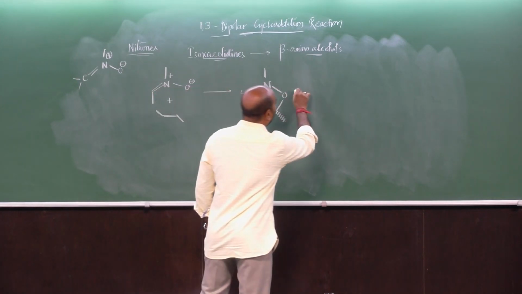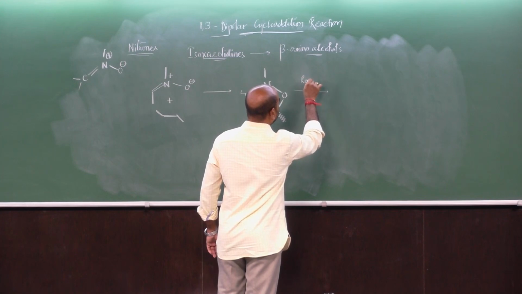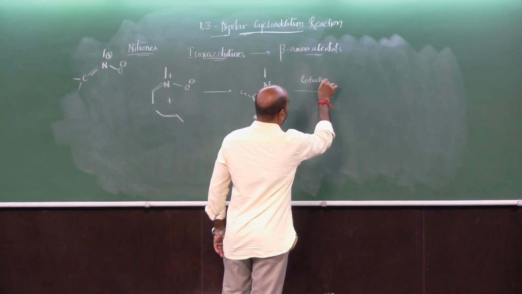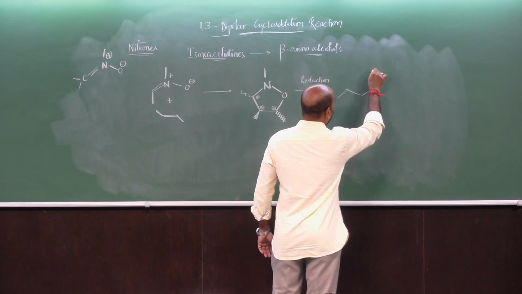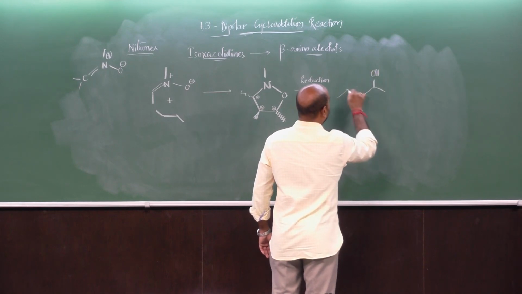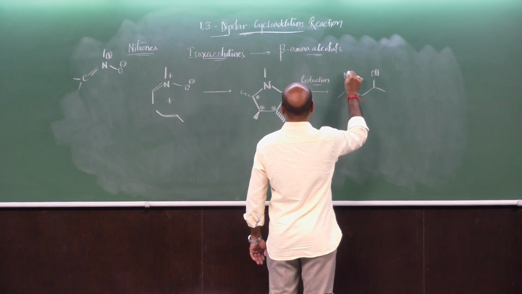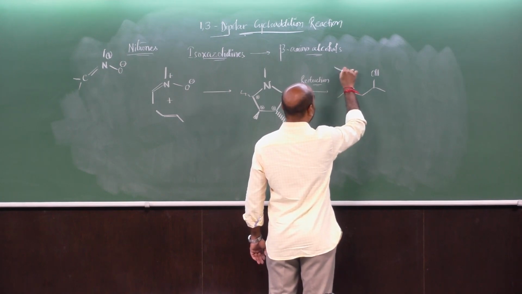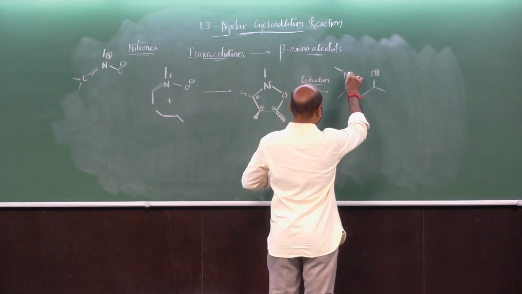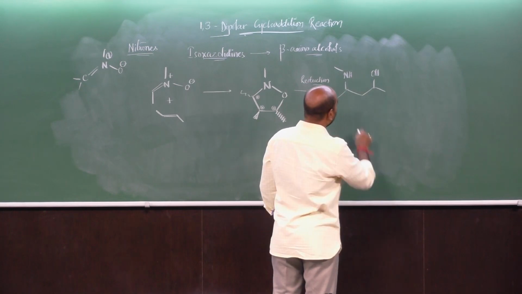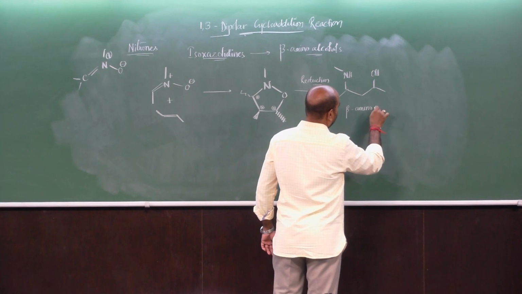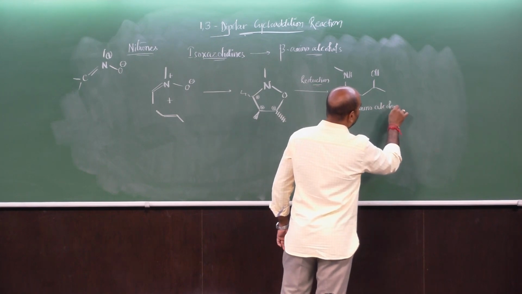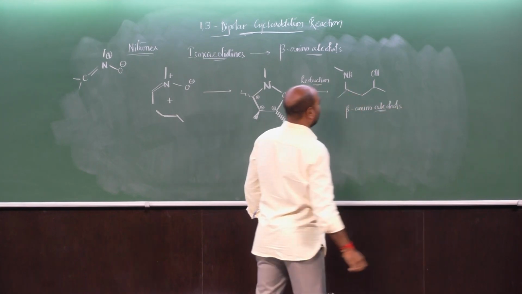This isoxazolidine, on reduction, will produce beta amino alcohols, right, beta amino alcohols, and the stereochemistry is retained here.